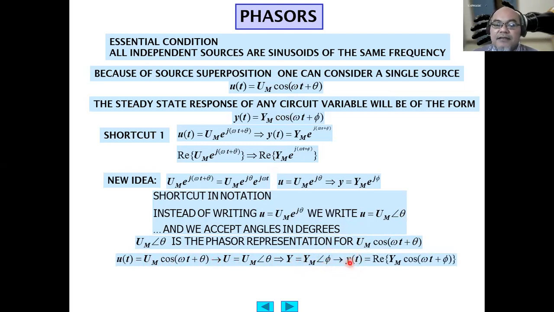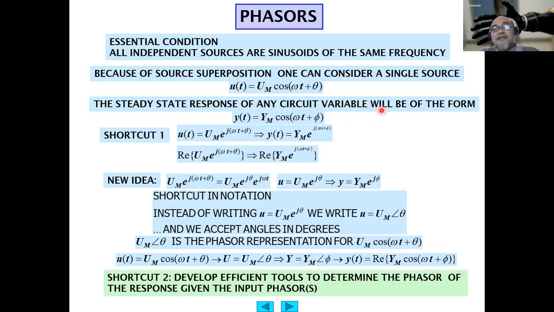So y(t), the final complete function of the response of any circuit variable in that network, is the real part of Ym cosine(omega t plus phi). But in the phasor notation, this is hidden, because it is assumed that the frequency will not change.